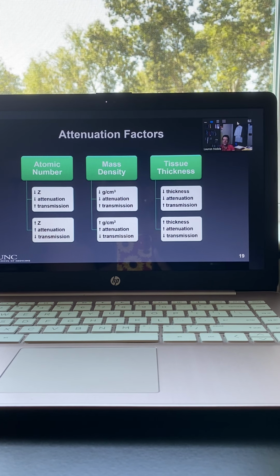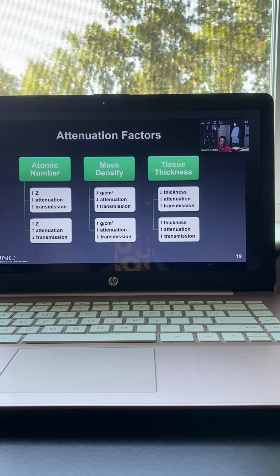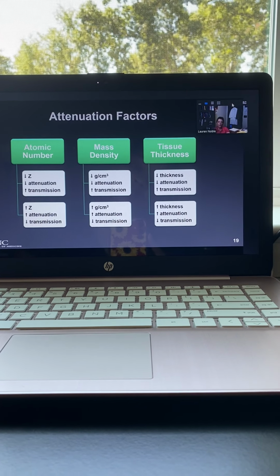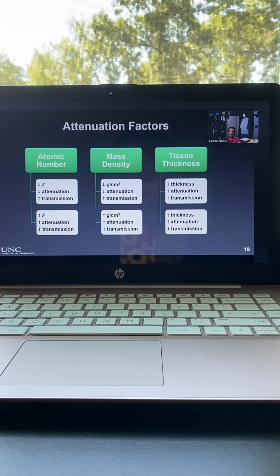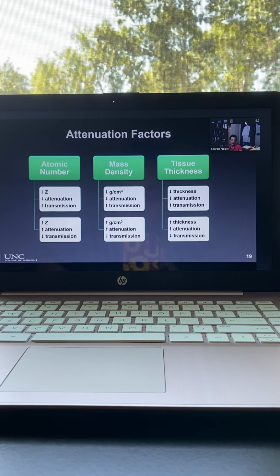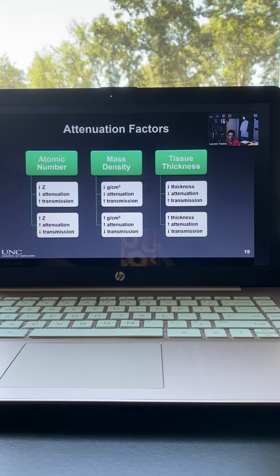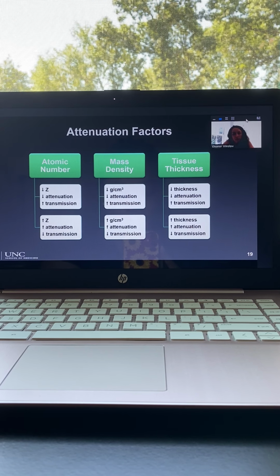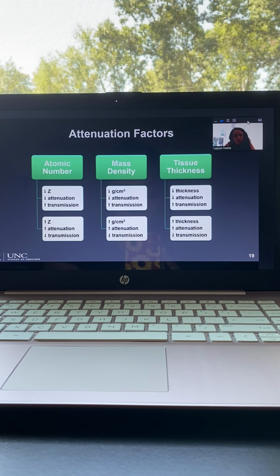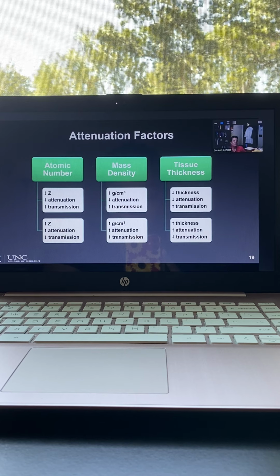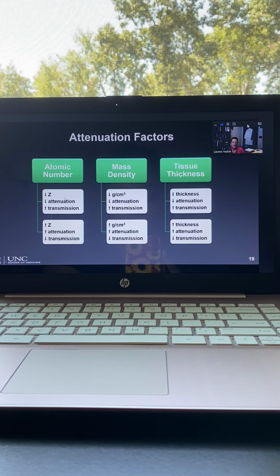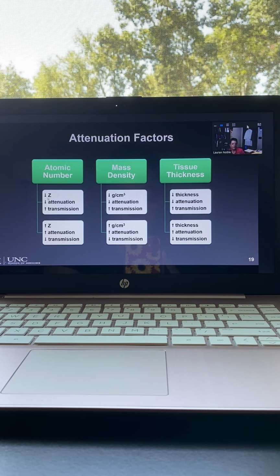Even more basic than that, with the atomic number, what do we know about atomic number and the number of electrons? What's the relationship? Oh, so like less electrons to interact with? Exactly. With low atomic number structures, we know there are fewer electrons in the atom, right?